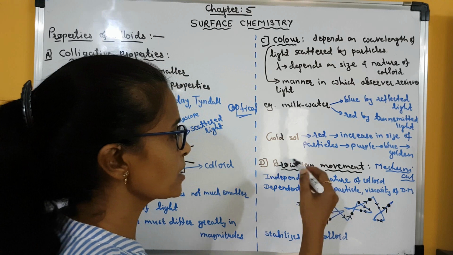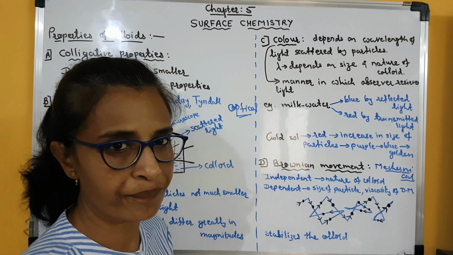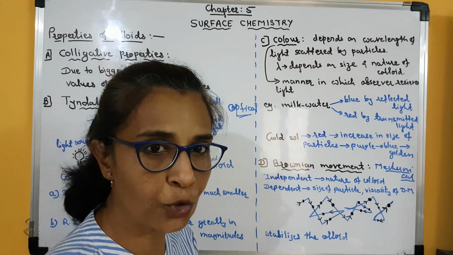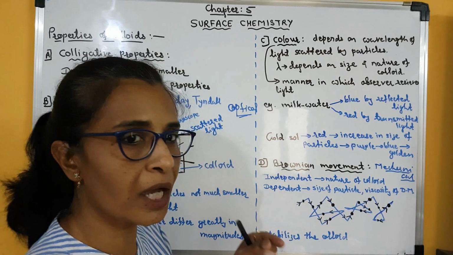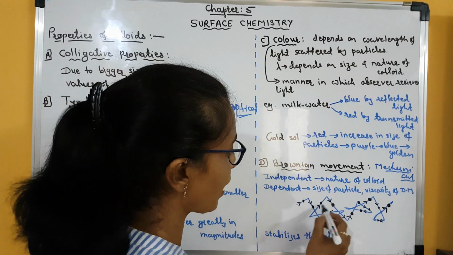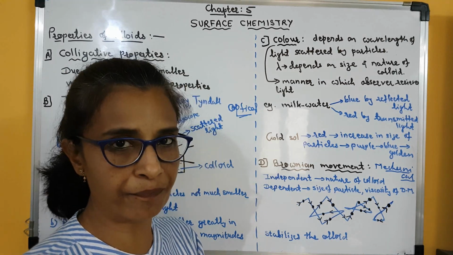This motion is known as Brownian motion, or Brownian movement. Clear. Now why are these particles in continuous motion? It is due to the unbalanced bombardment of these particles by the molecules of the dispersion medium. Clear.